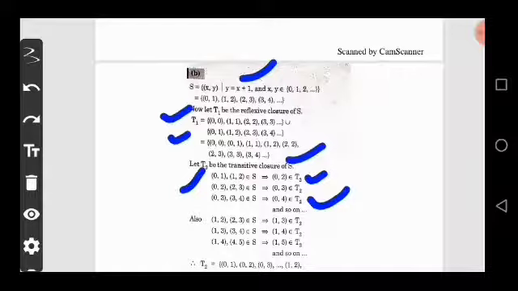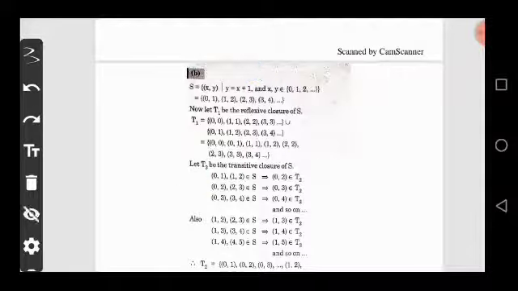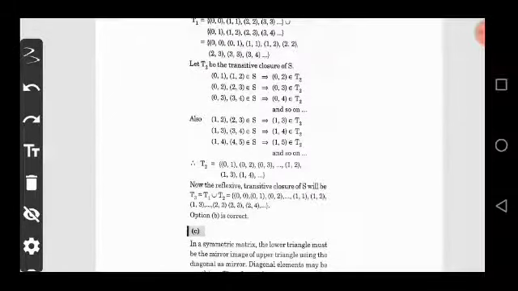So it follows the transitive closure. Now the reflexive transitive closure of S will be T3 equal to T1 union T2. So we got (0, 0), (0, 1), (0, 2), (1, 1), (1, 2), (1, 3) and (2, 2), (2, 3).